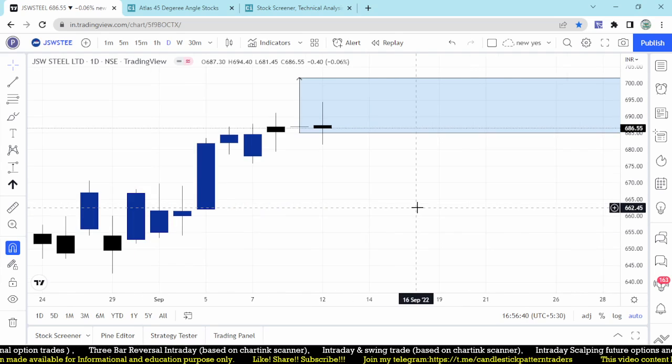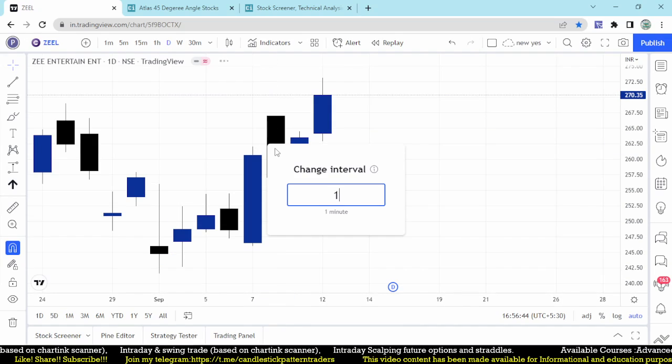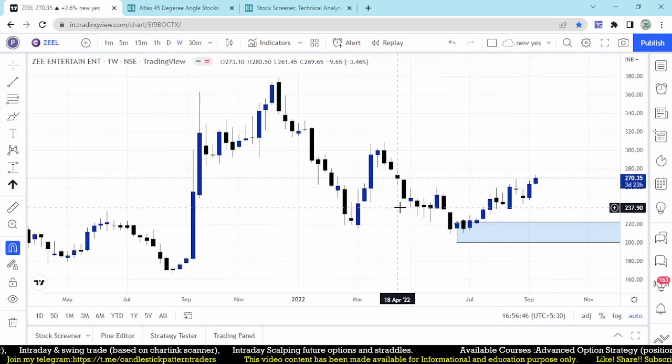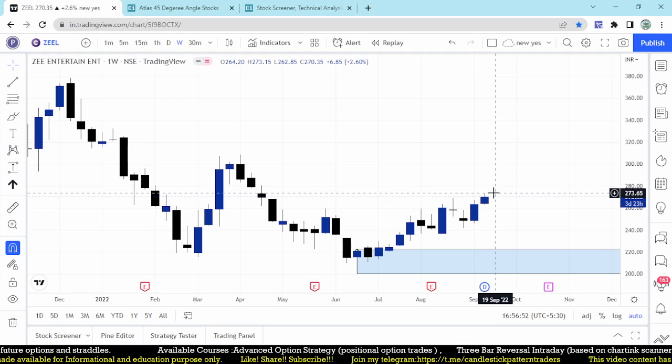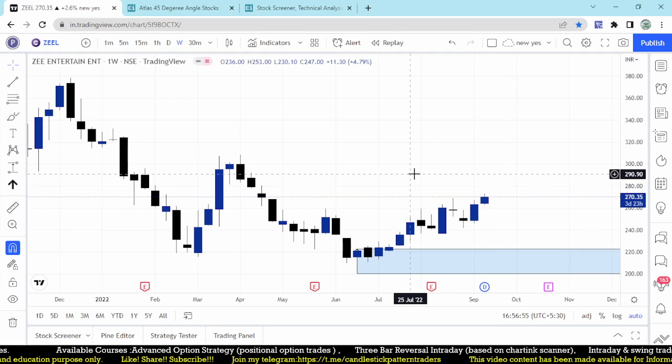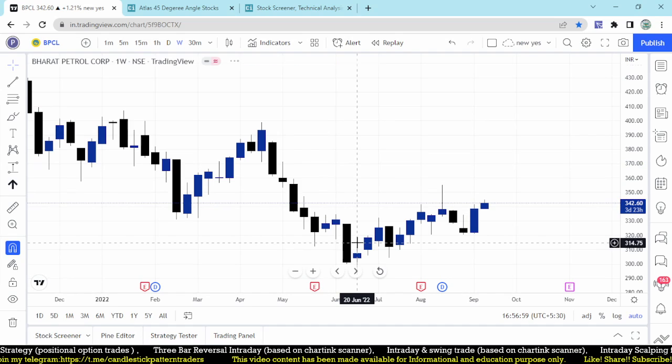And we discussed some stocks, like Zee Entertainment, on a weekly basis by 3 bar reversal. That gave you the entry around 267, and it went up some 3-4 points. BPCL also triggered the entry on 3 bar reversal on weekly.